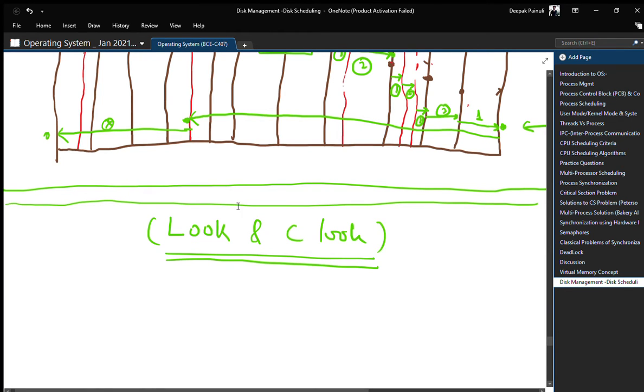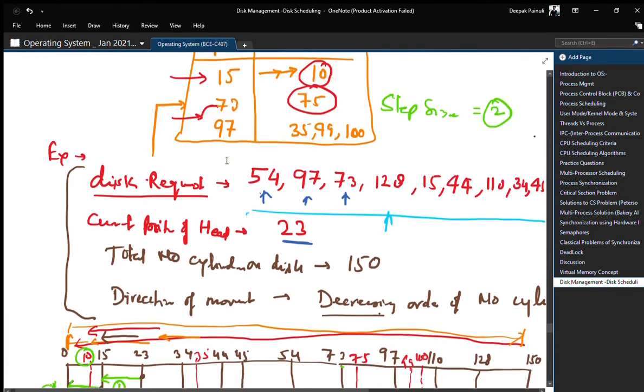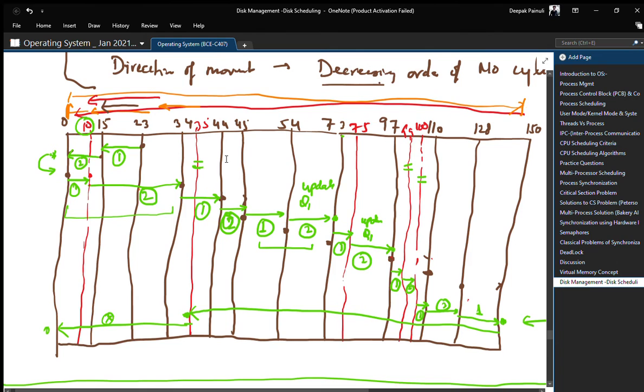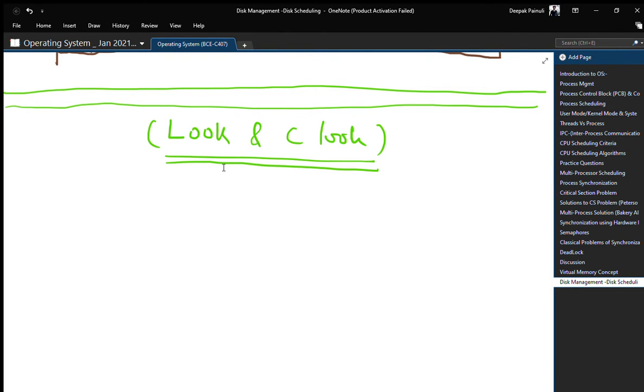Okay, see, in the SCAN algorithm, we were moving from one direction to the next border, and from that border to the next border. The head will move border to border, right? But in LOOK there is a slight difference: now the head will not move border to border.